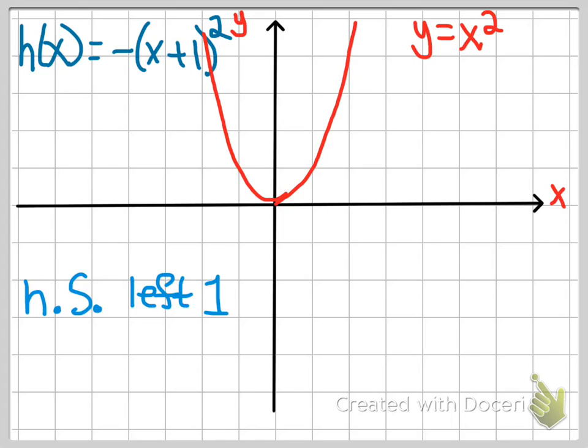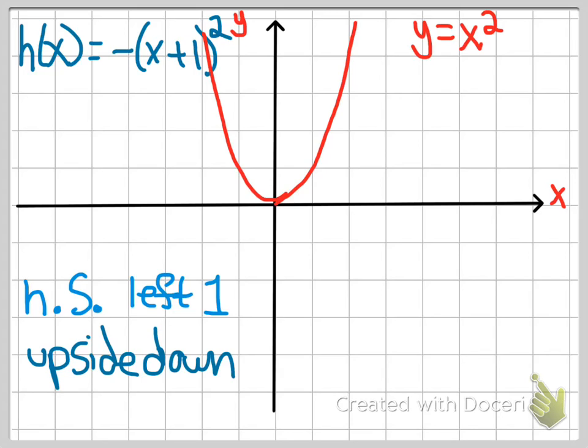The other difference in this function is that we have a negative out front. That negative out front is going to flip the graph upside down. That's what the negative on the outside does. It just takes the graph and flips it upside down.